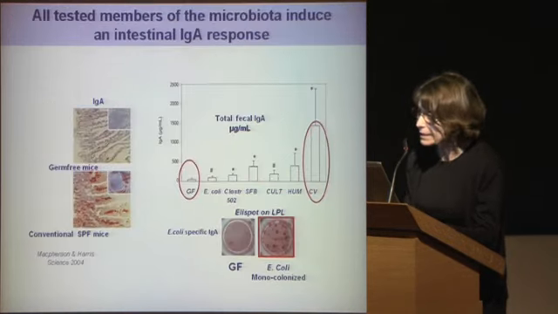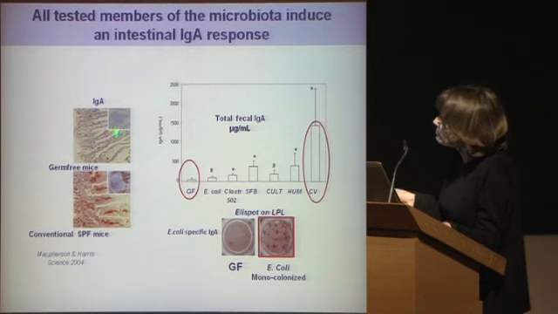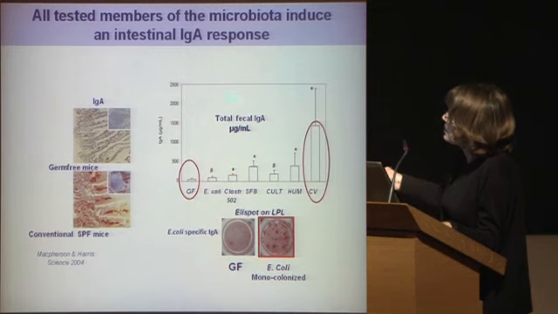A short word about the humoral response, which has been largely addressed in the previous talk. In germ-free mice, there are no plasma cells in the intestines, and exposure to the microbiota results in the appearance of IgA plasma cells, which secrete IgA that can be found in the feces.